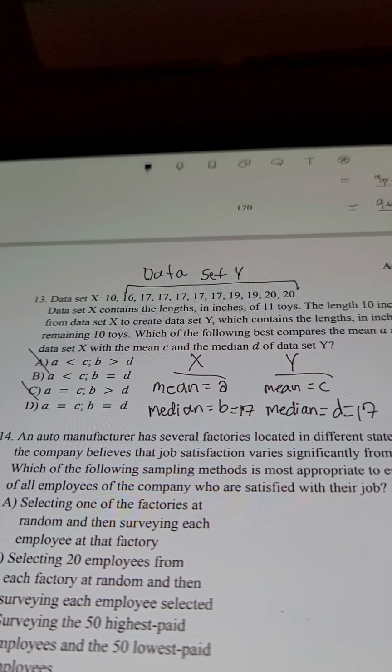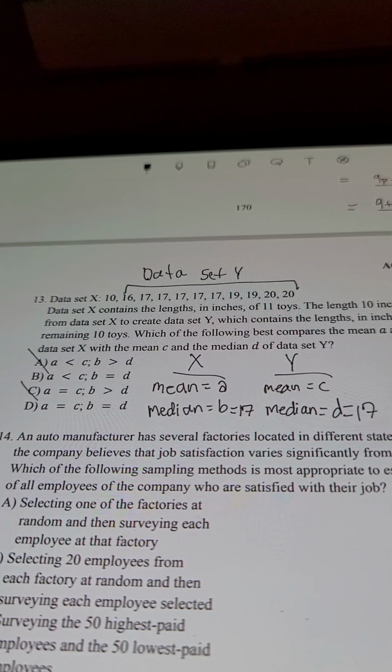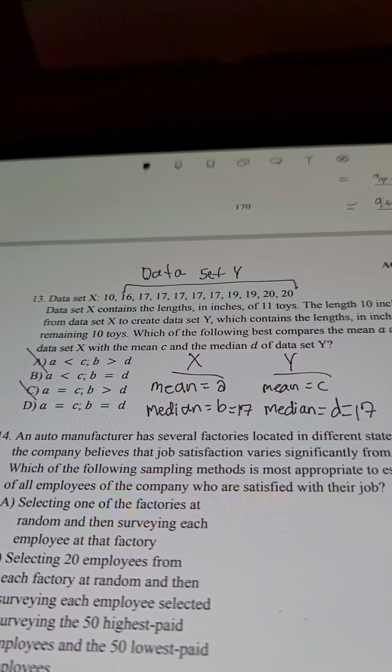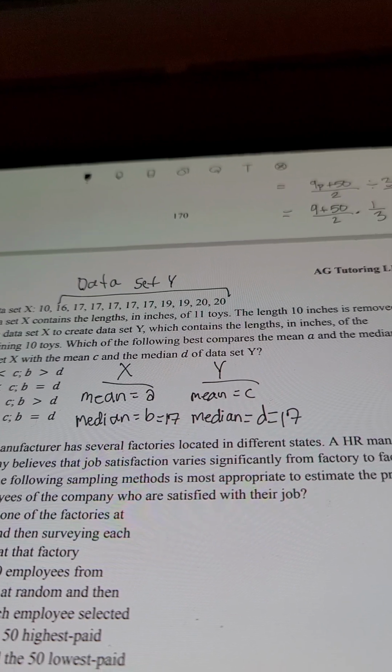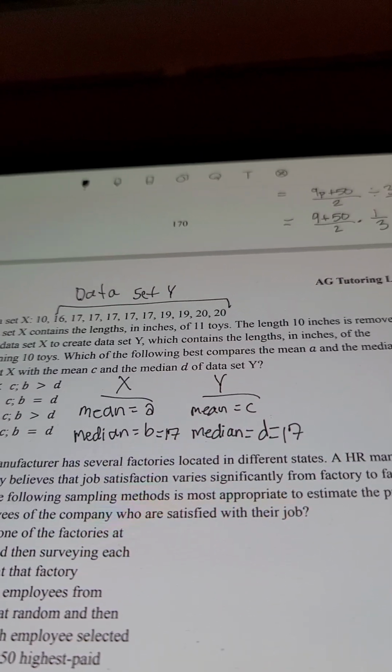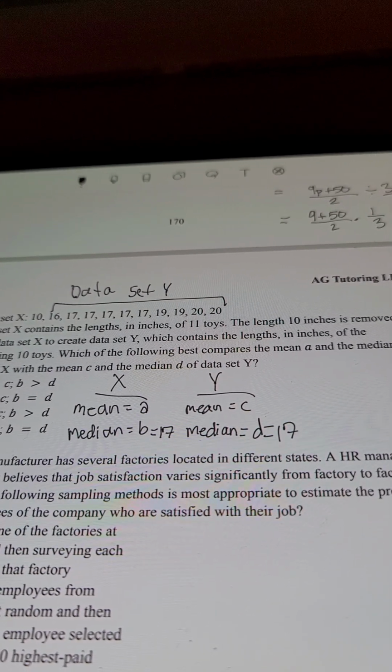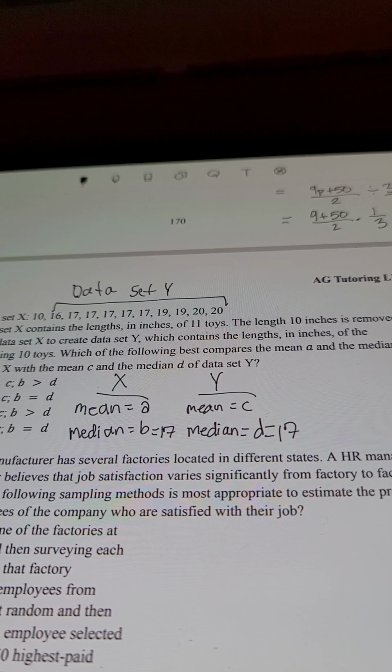Now let's find the mean for dataset X. Or actually, it probably makes more sense to start with dataset Y because it has 1 less number. So let's do that. Remember, mean is the sum of the data in your list divided by how many data points you have.